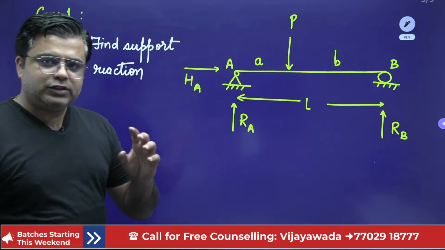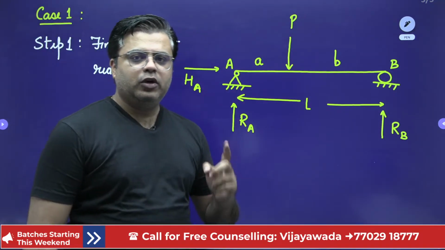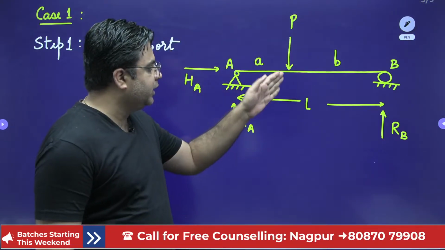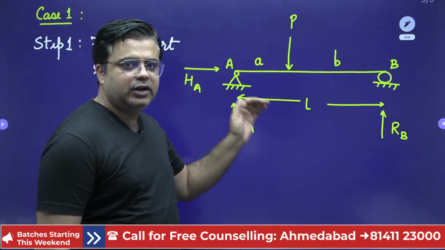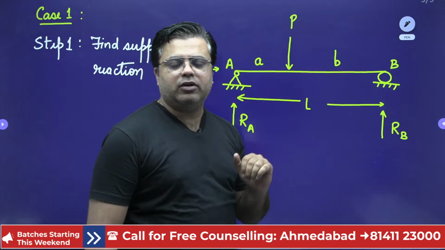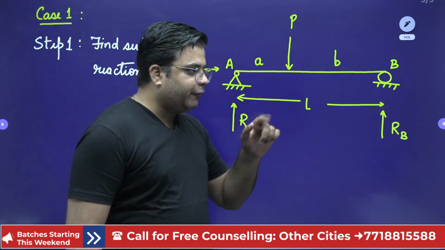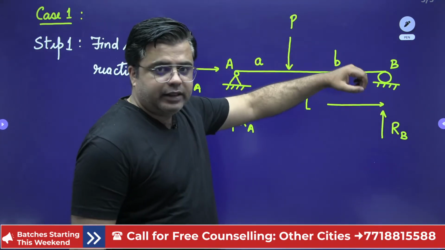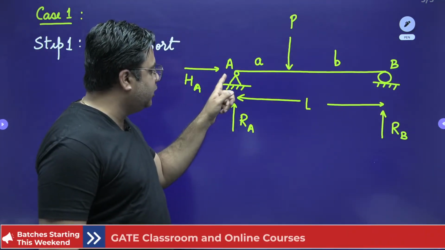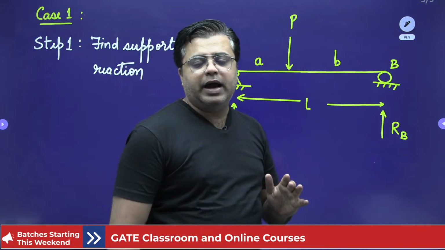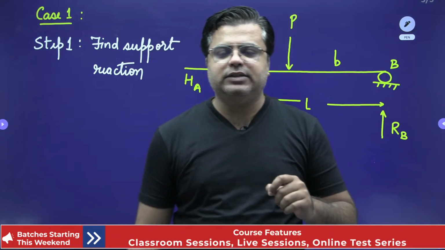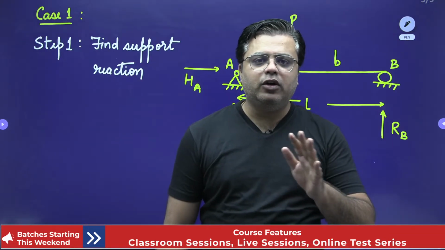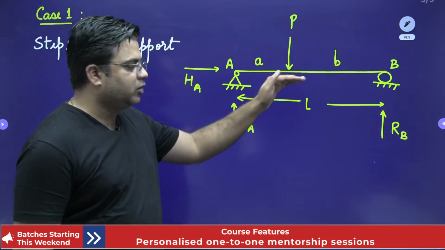Now, as soon as you look at the beam, first decide whether the loading is in the vertical direction or if any load is in the horizontal direction. If the loading is only in the vertical direction, then this horizontal reaction will be 0. In 80% of the cases asked in examinations for a simply supported beam, you will not find any loading in the horizontal direction.